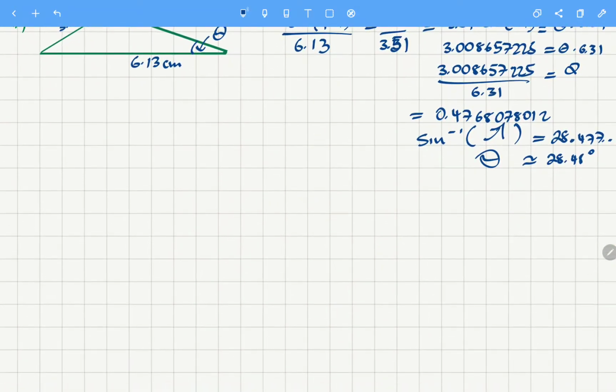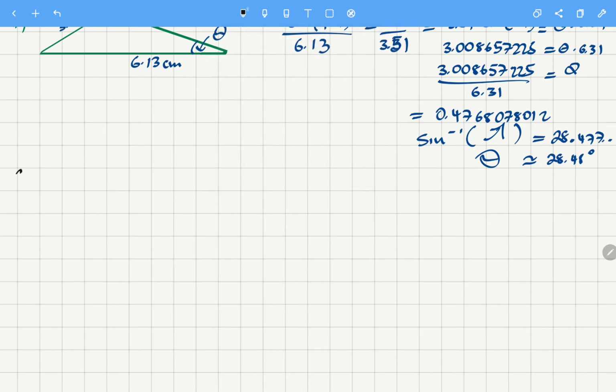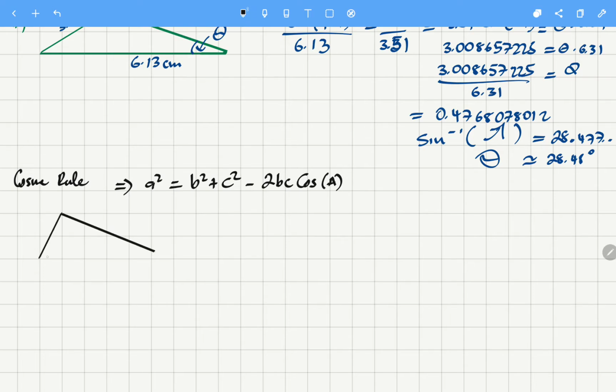Now I'm going to do an example using the cosine rule, which is a squared equals b squared plus c squared minus 2bc cos A. I've got a triangle there, and I'm told that this is 4.8, and I need to find this angle here.